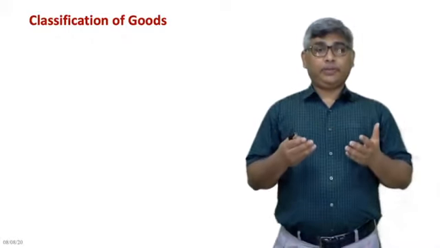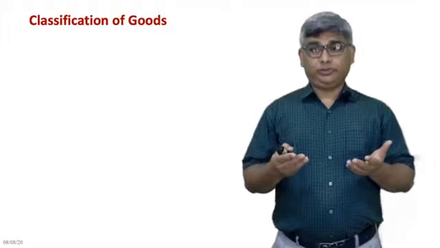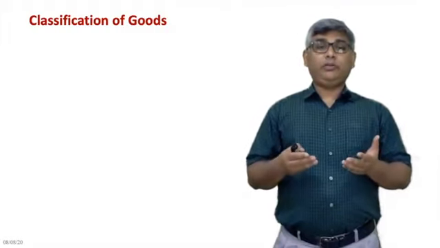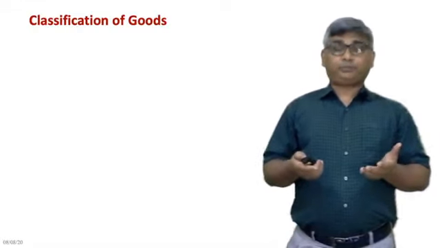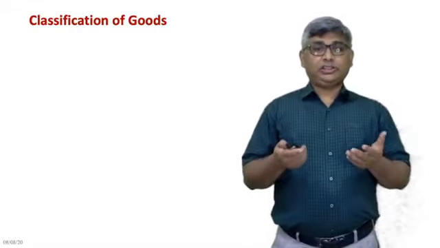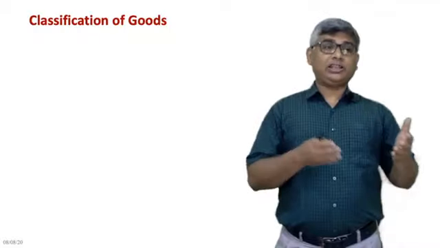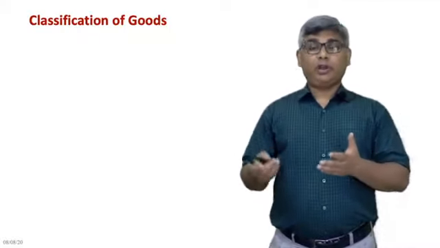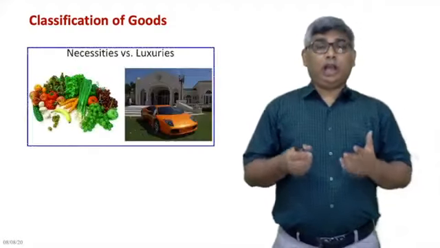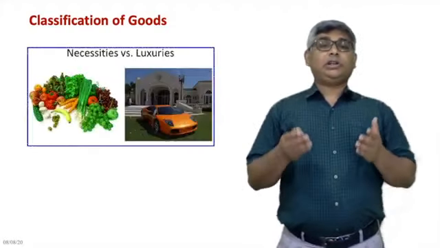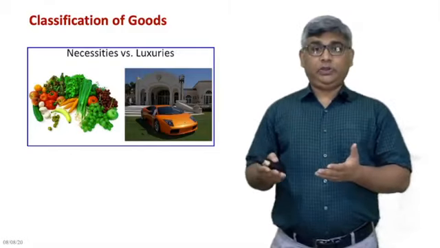The first among these is goods. Goods are simply what we are exchanging in terms of something. Whenever we are exchanging goods, we can classify them into different varieties. For example, a good may be classified as a necessity or a luxury.